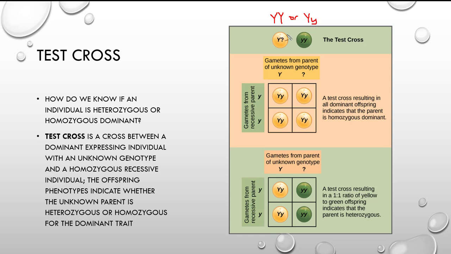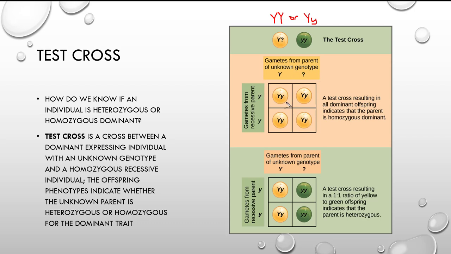We don't know which one it is. To figure out which one it is, we're going to cross it with a little y, little y. So there's 2 possibilities.